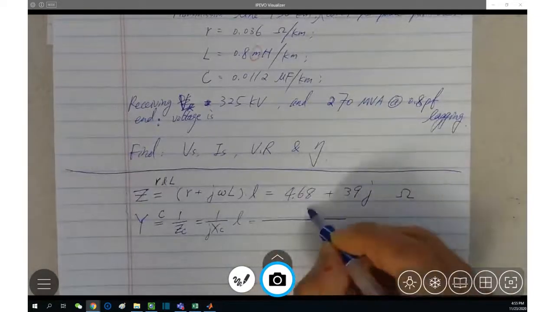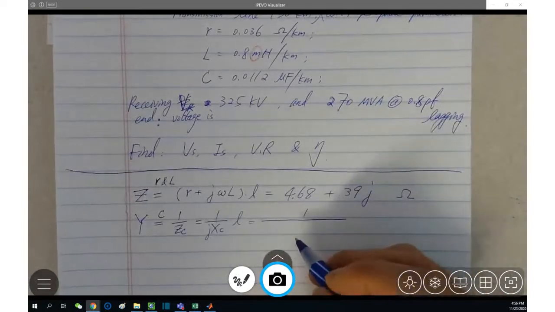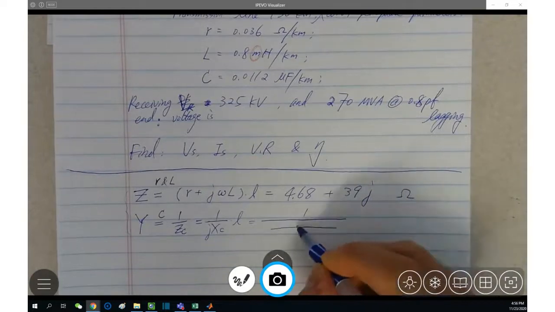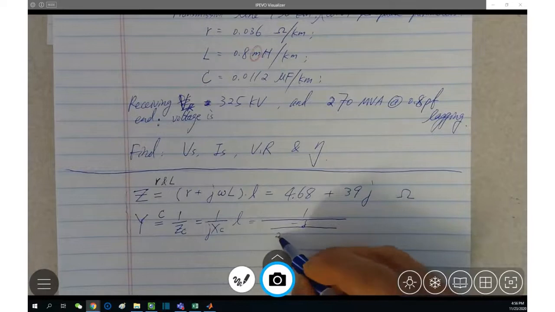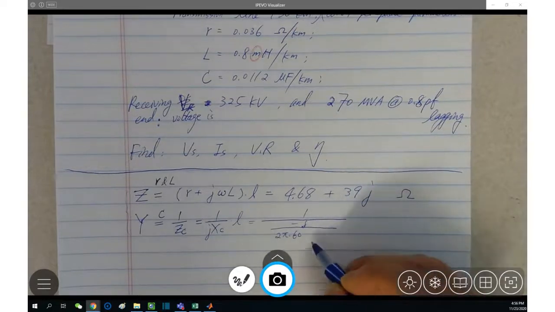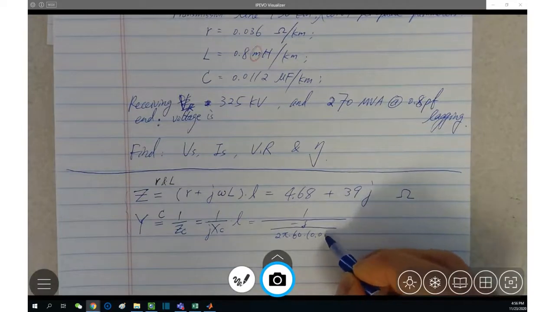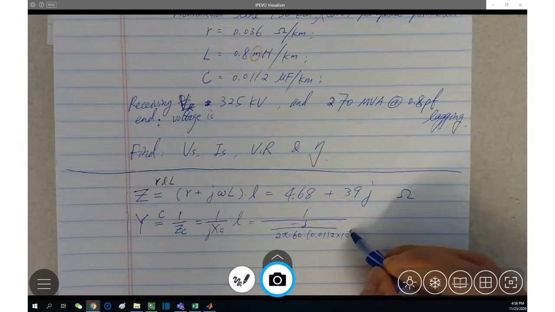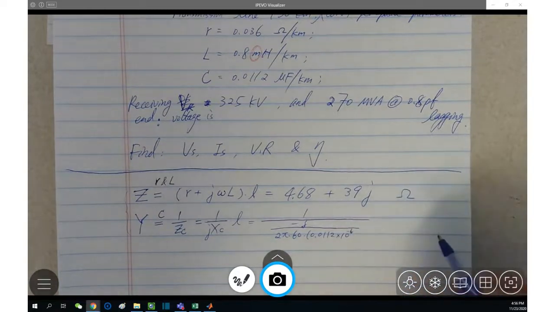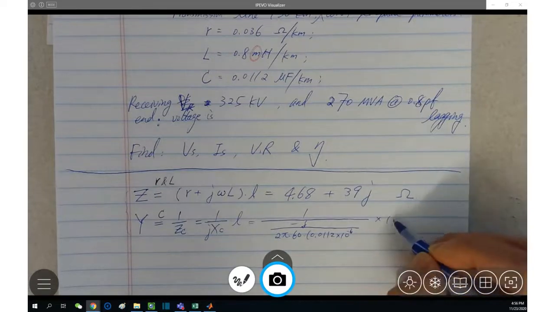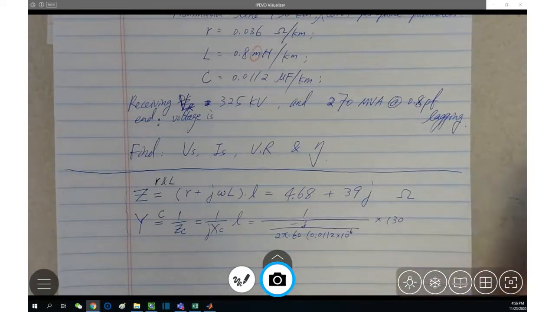So 1 over, what we want to do here is negative j over 2 pi times f times 0.0112 times 10 to the negative 6, right? And then times 130. Does this equation make sense?